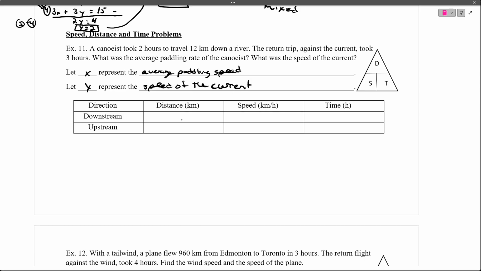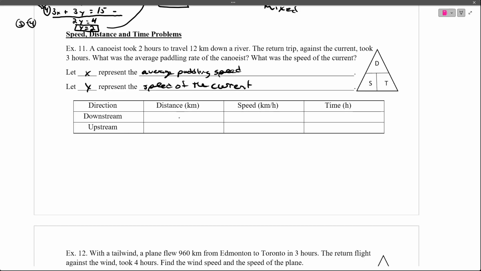Alrighty, so let's look at what we got here. We're always going to build this table, and our three columns are going to be distance, speed, and time. So we can use this information and this triangle to help us create the equations that we're going to need. So now we want to think about breaking our problem down into the two parts that represent the whole problem. In this case, we have downstream and we have upstream.